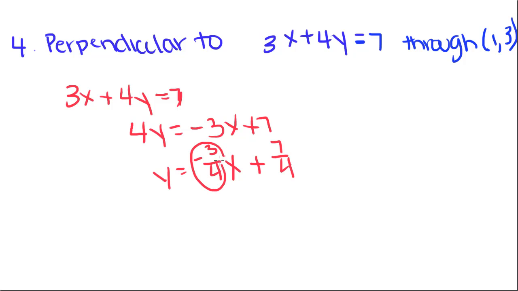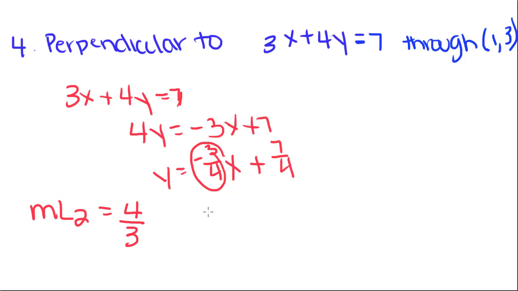So we have a slope of negative 3/4. So perpendicular lines have opposite reciprocal slopes. So the slope of my second line needs to be the opposite sign. So since this is negative 3/4, our new slope is going to be positive, and the reciprocal. So all we do is switch the top and bottom. So we get 4/3.